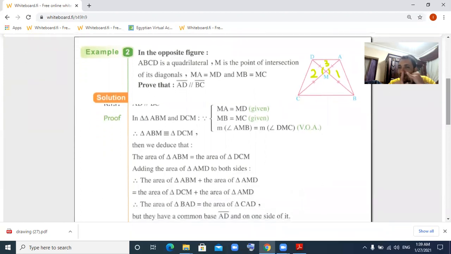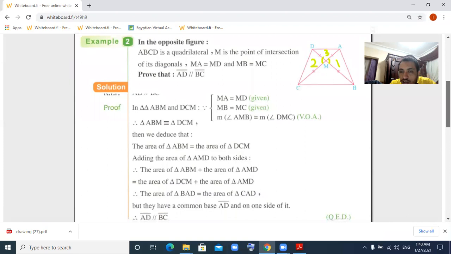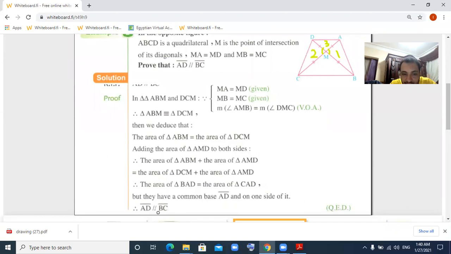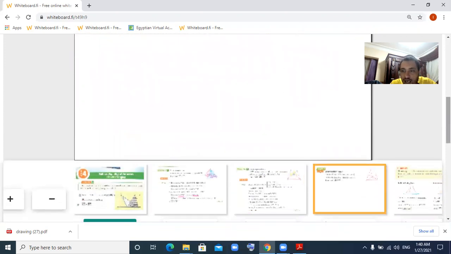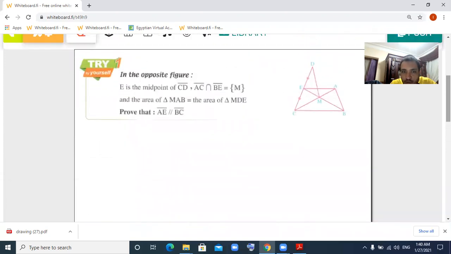They have a common base AD, and the two vertices are on a line opposite to this base. Now I can say that the two lines are parallel. And this is our lesson today. Okay, let's try the third question.